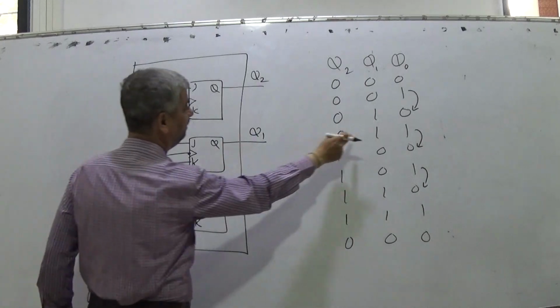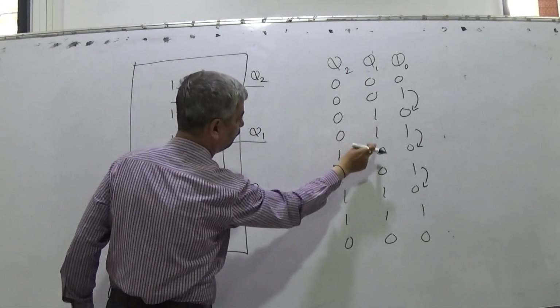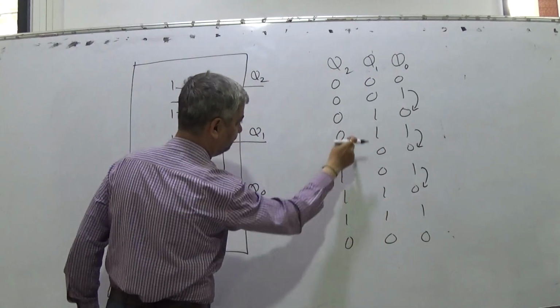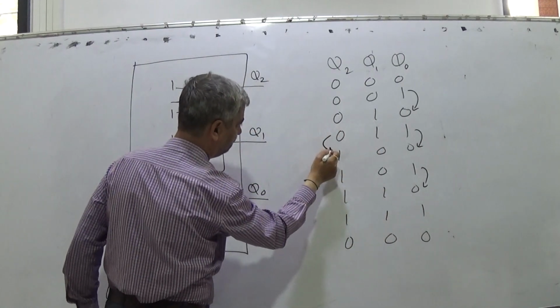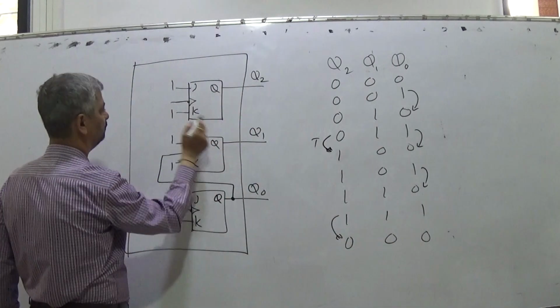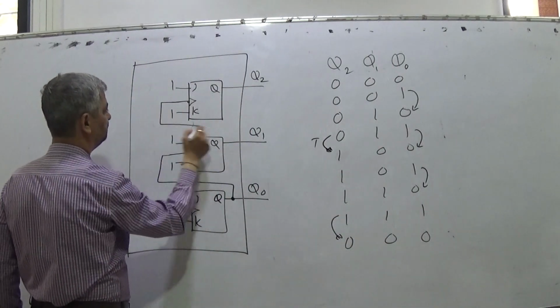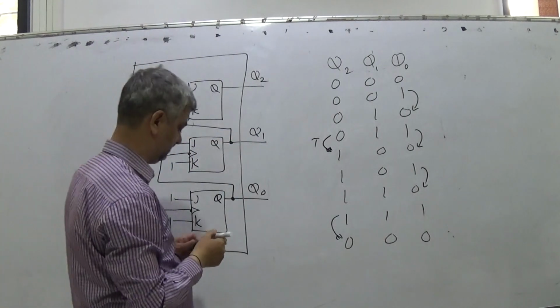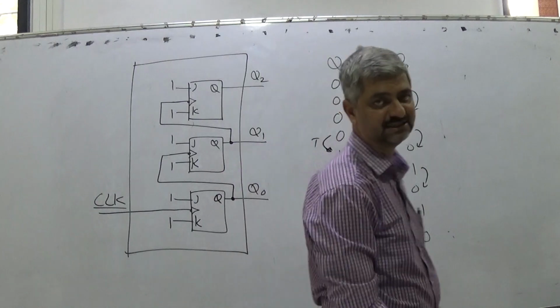And when should this toggle? When this goes from 1 to 0, this should toggle. So this Q1 is connected as the clock to the next flip-flop.